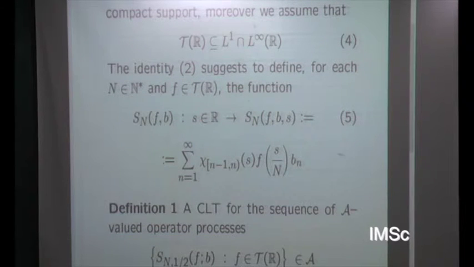As I said, in the following we will suppose first that they have compact support. If they are also C infinity with compact support, they are automatically bounded, and obviously in L1.